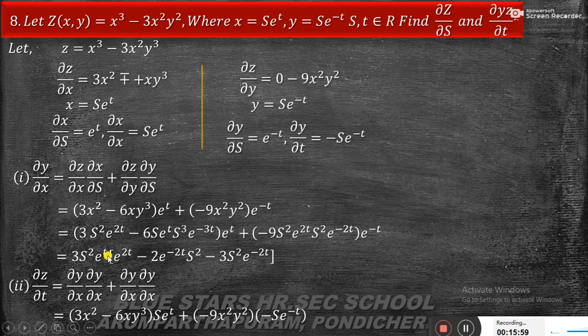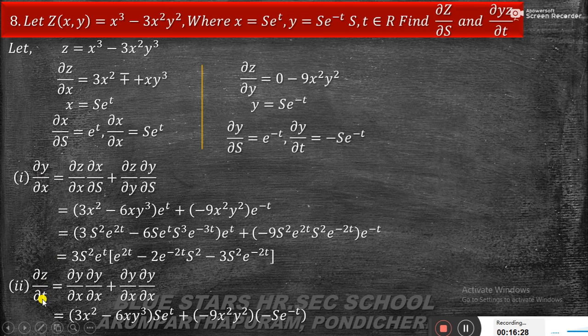Remaining, e power t only. So remaining e power 2t minus 3, and the remaining factors are minus 2 into e power minus 2t s square. Next minus 3 s square e power minus 2t. So this is dou z by dou s.